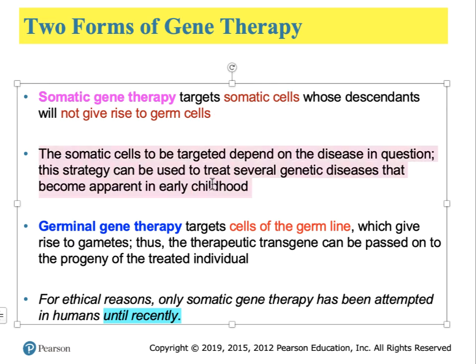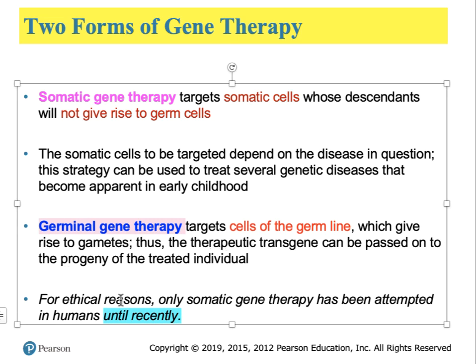So any manipulations performed in that organism will stay within the organism and not be passed on to its offspring. On the contrary, germline gene therapy targets germ cells, and any manipulations performed there will be passed on to the offspring of the treated individual.